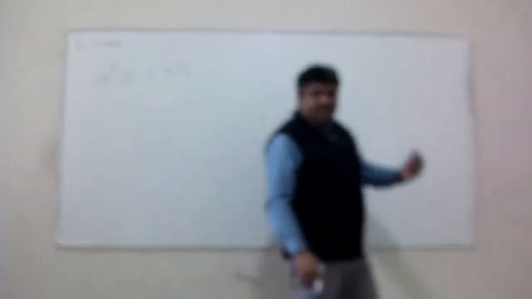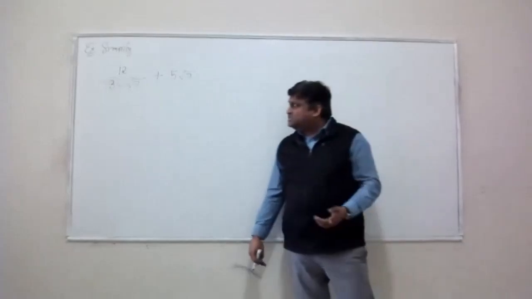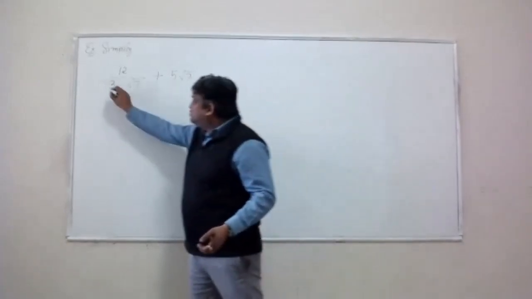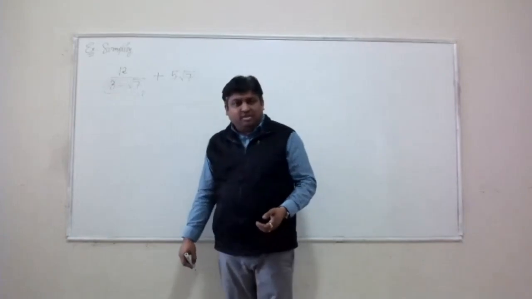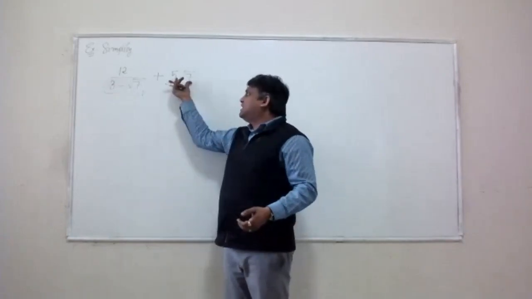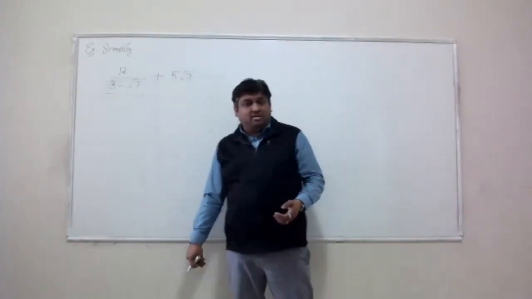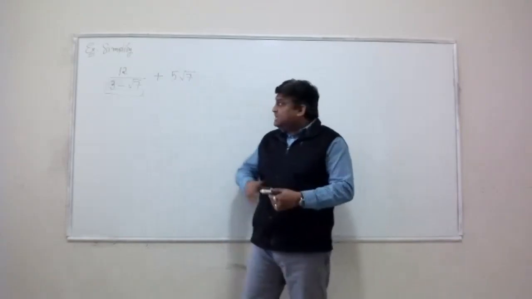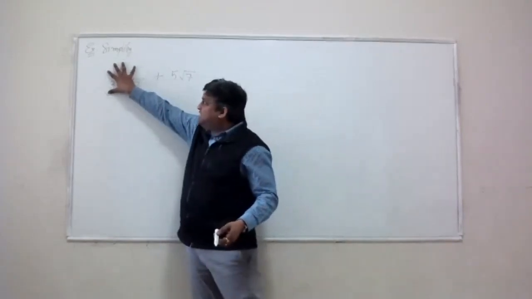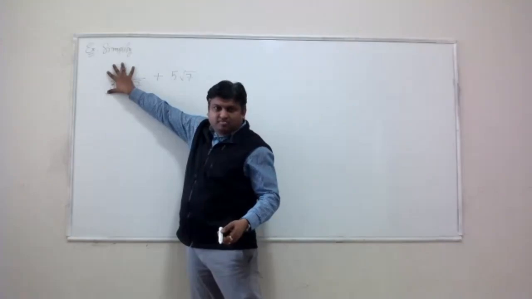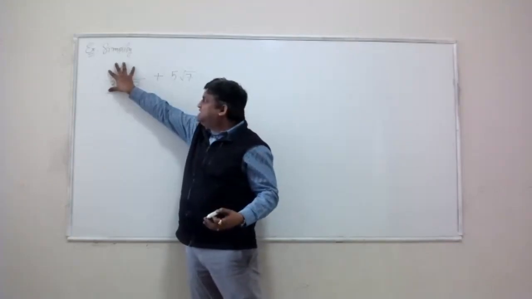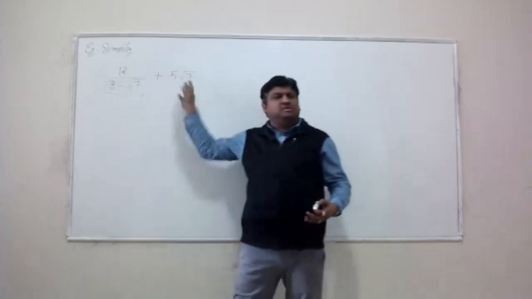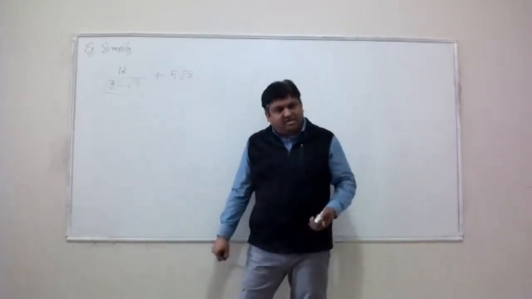Understand that our intention is very clear. There is only one term that has a radical in the denominator. This term does not have a radical in the denominator. So my goal is clear. I am going to rationalize this first term, and then I will replace this term by its rationalized version, and I will simplify the like terms.